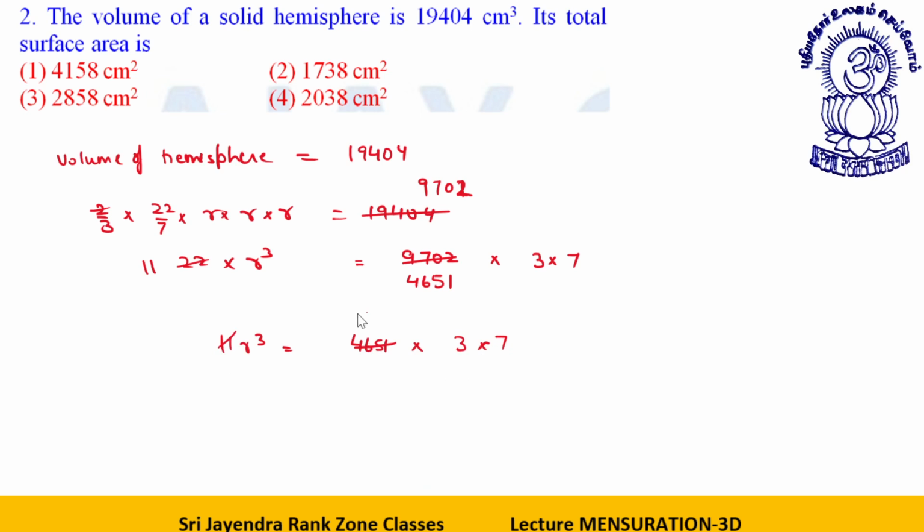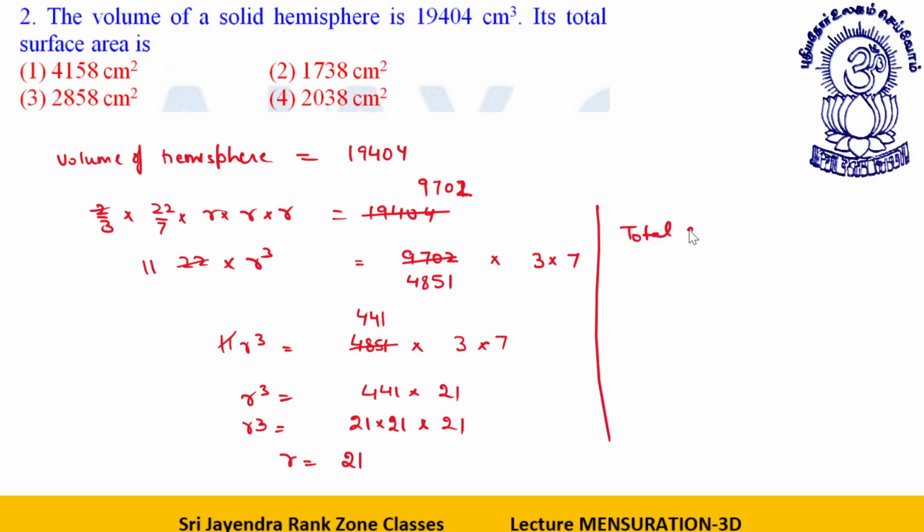Let's check it. So r cube is equal to 441 into 21, or I can say r cube is equal to 21 into 21 into 21. This gives me r is equal to 21.